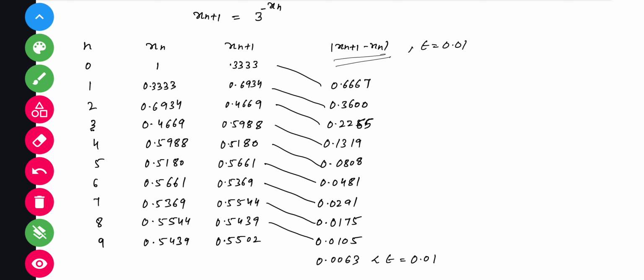So here basically we use the formula x(n+1) equal to g of x(n). First of all, we let x naught equal to any value in the interval. Whichever interval we are given, we will use one value from it. So we write g of x naught, which gives x1, and then we get x2 by using g of x1.